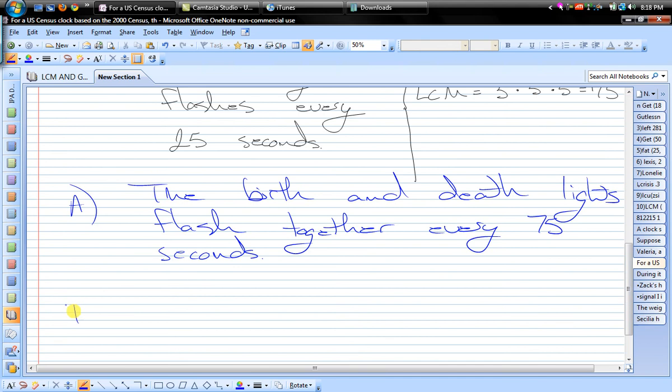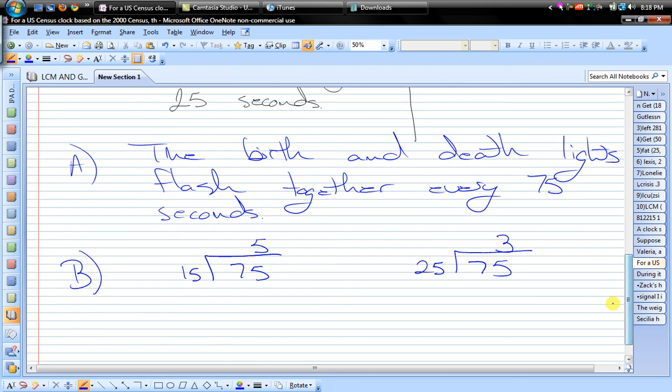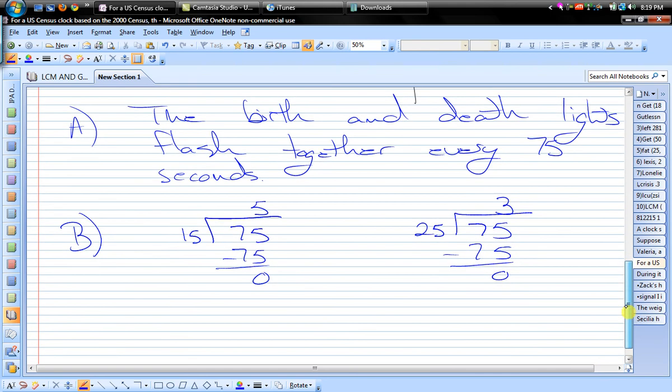And we'll find that by dividing 15 into 75 and 25 into 75. Well, 15 into 75 is 5 times. 25 into 75 is 3 times. 5 times 15 is 75, nothing left over. 3 times 25 is 75, nothing left over. So what that tells us is in that time span, we have 5 births and 3 deaths.